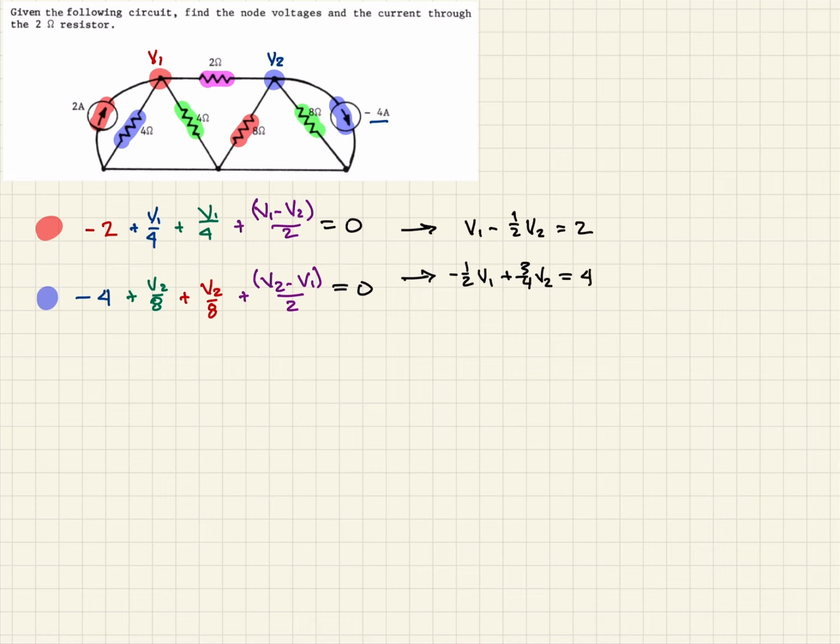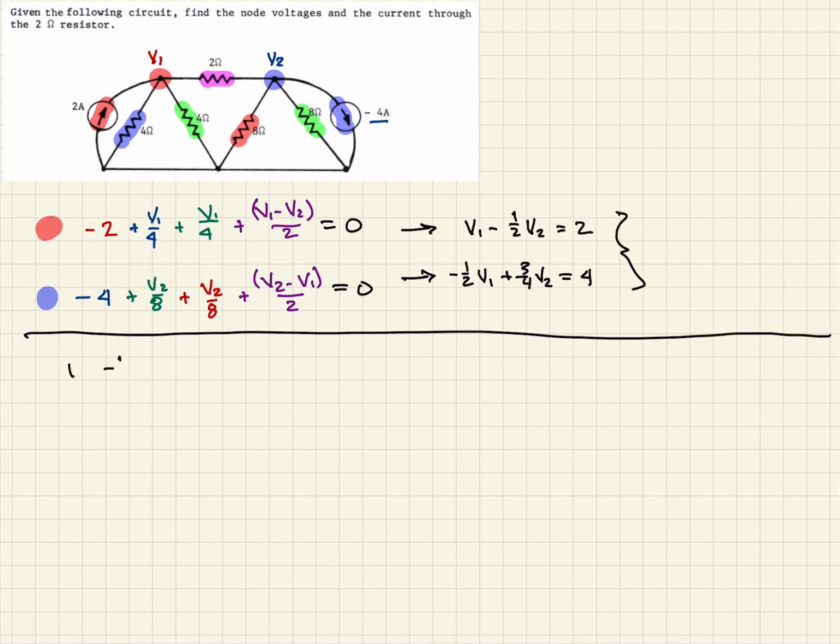So 2 equations, 2 unknowns. Again, we'll draw a line here, and we're going to write these in matrix form. So that's going to be 1, minus 1/2, minus 1/2, and 3/4. This is our coefficient matrix, and we're multiplying that times V1 and V2.